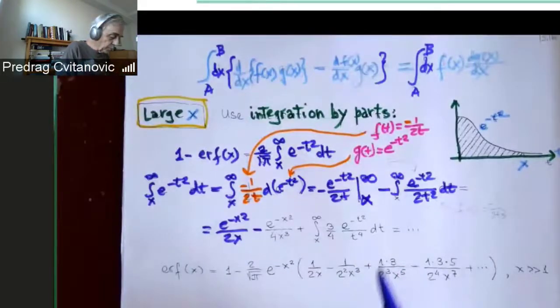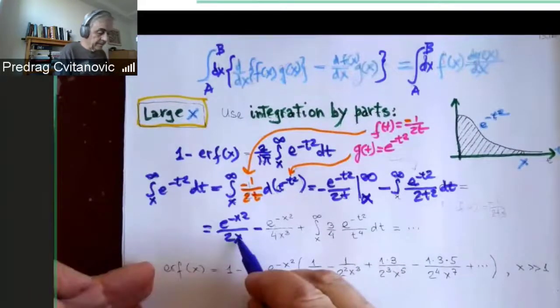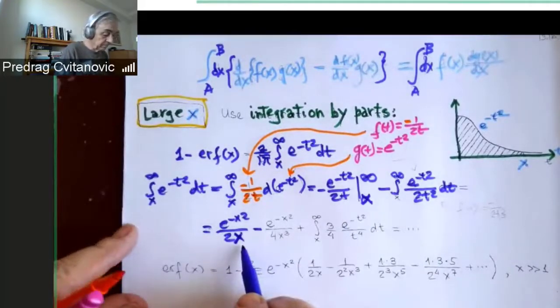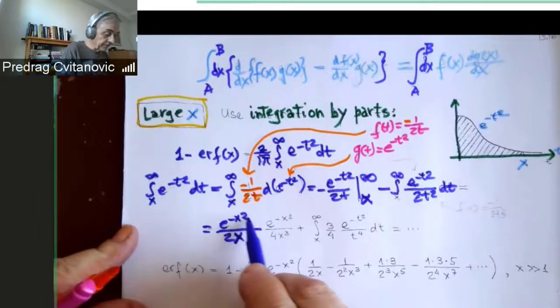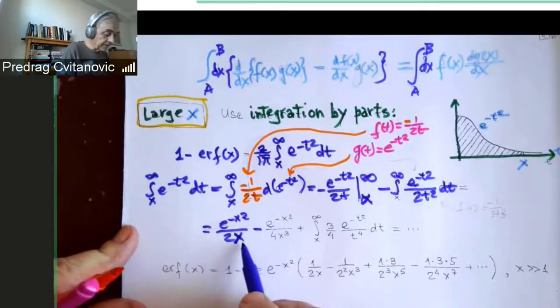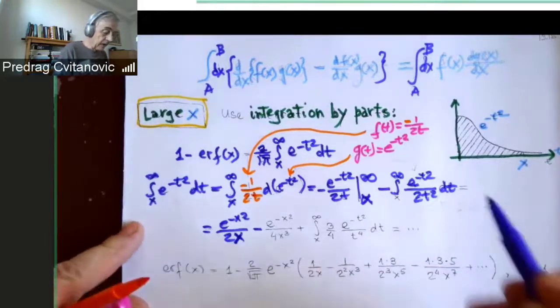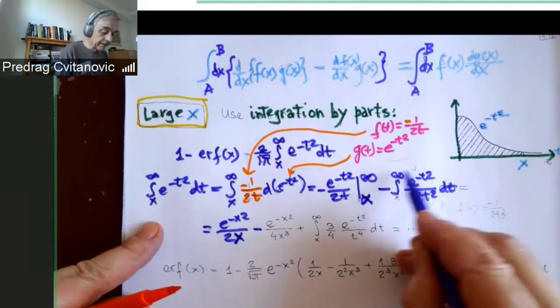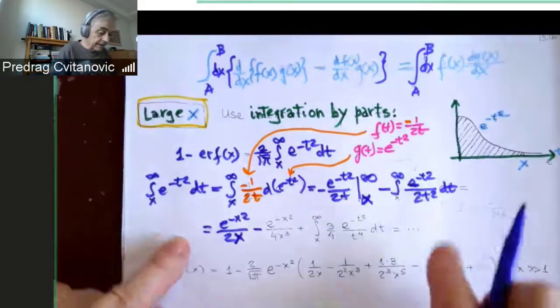So now I've gotten one term, which for large x is small, because this is a small number, exponential, and it's even divided by the x. But now I have an extra term to work on. Now I'll look at this term, this thing here.